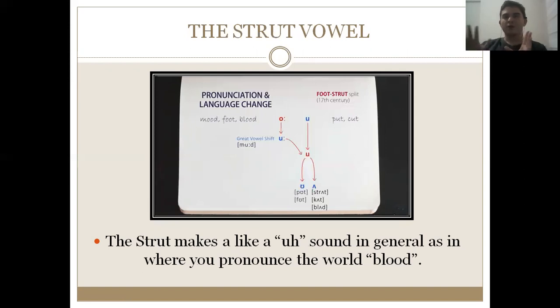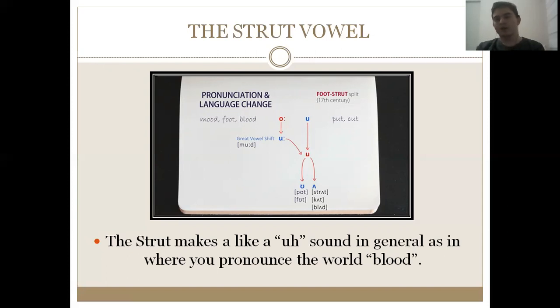So before coming to the strut vowel, I'm going to talk about what is known as the Great Vowel Shift. A great vowel shift, as you can understand from the name, is a shift that has happened in the English language to the vowels.